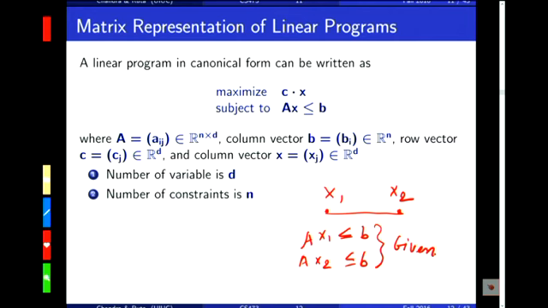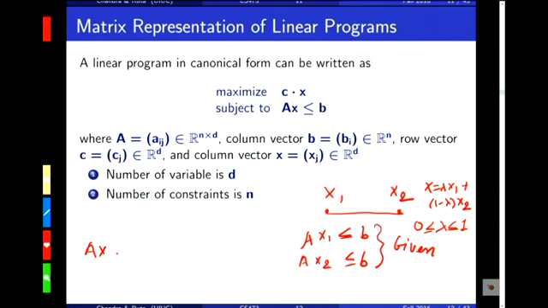Now suppose I take a convex combination of x1 and x2. So I say x equals lambda x1 plus 1 minus lambda x2. What can I say about Ax? It's down to the values Ax1 and Ax2.